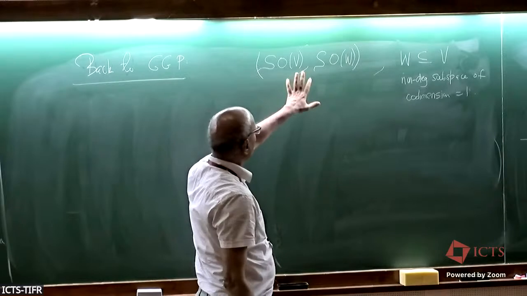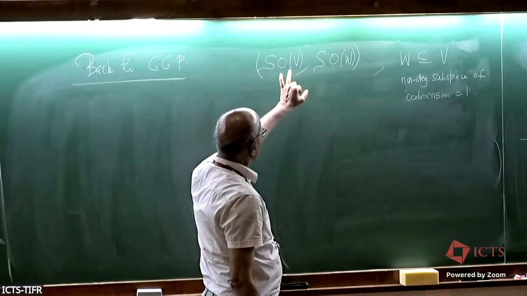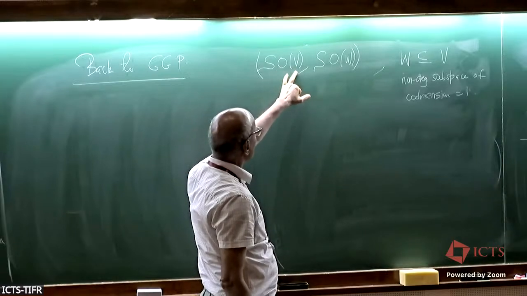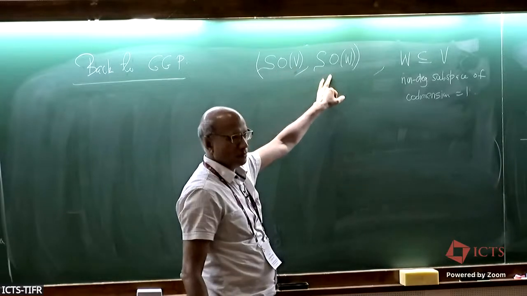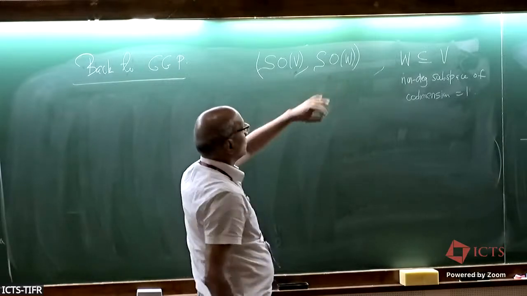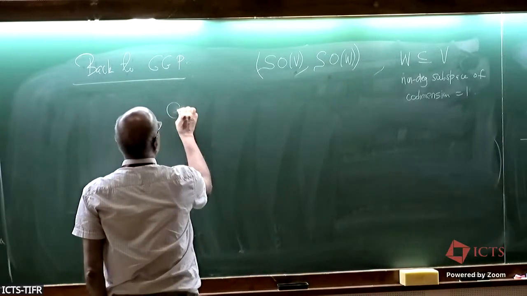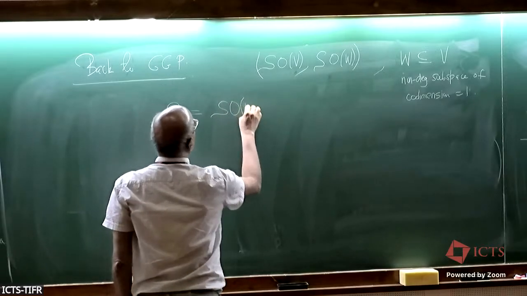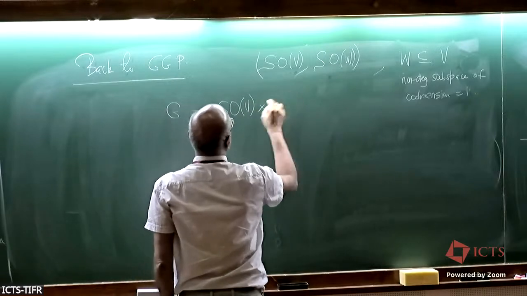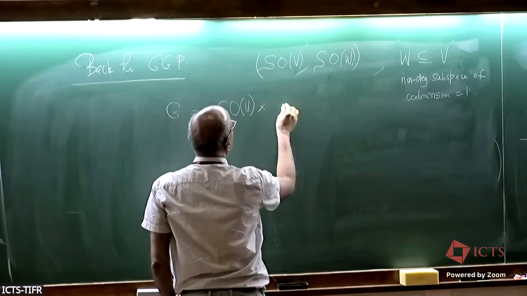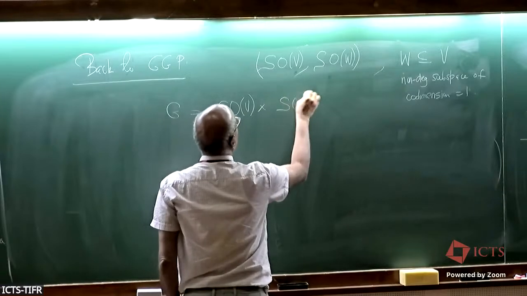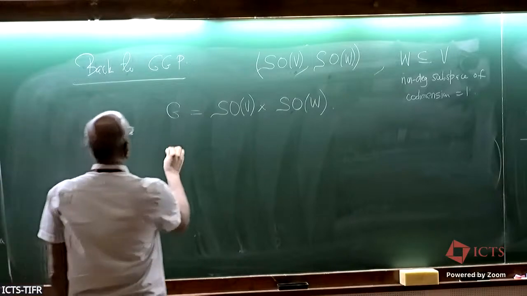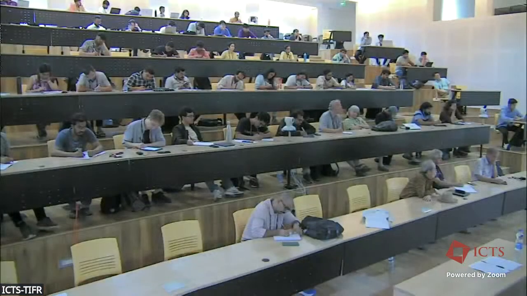As I have been perhaps saying in each lecture, the GGP problem is to understand the restriction of a representation of SO(V) to SO(W). I have already made a slight change of notation, and at some point I called SO(V) as G and SO(W) as H, but I think it is more convenient for me to take G as this group and H to be the diagonal SO(W).